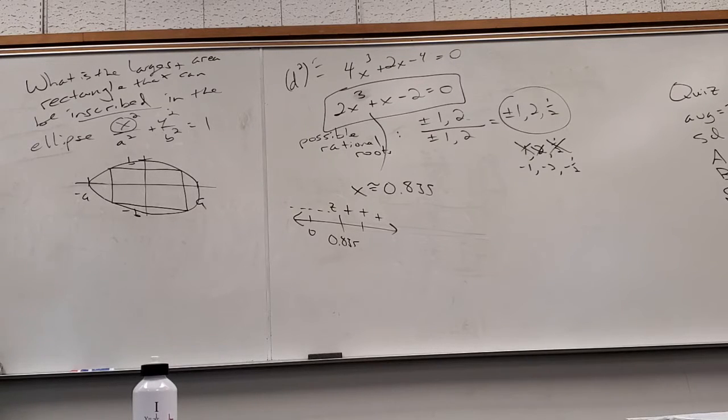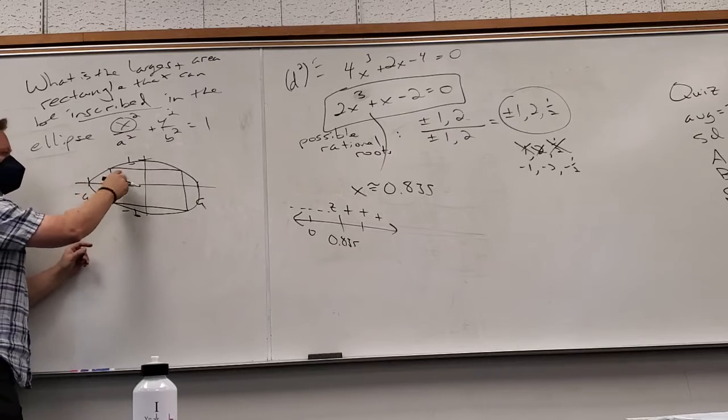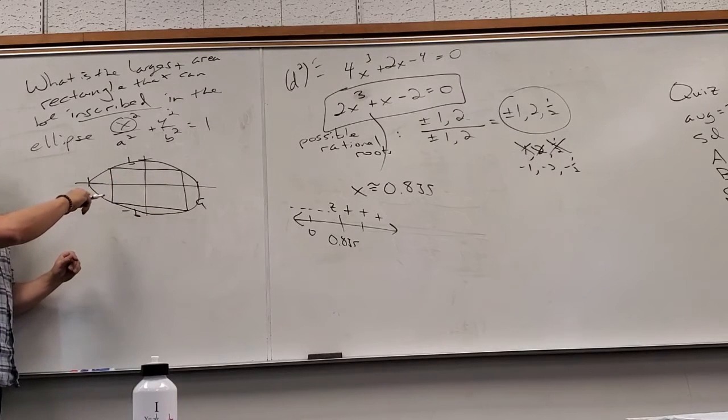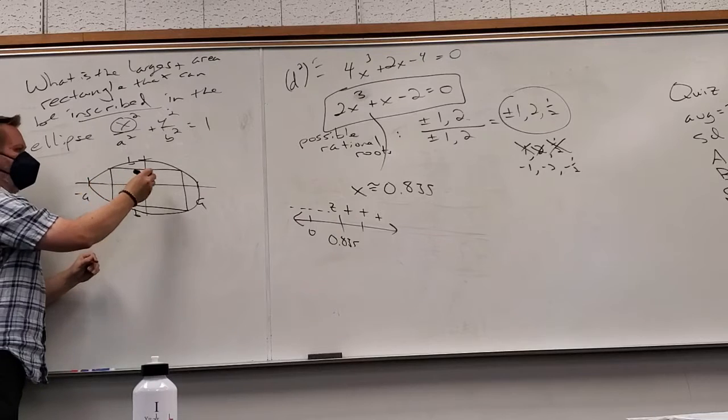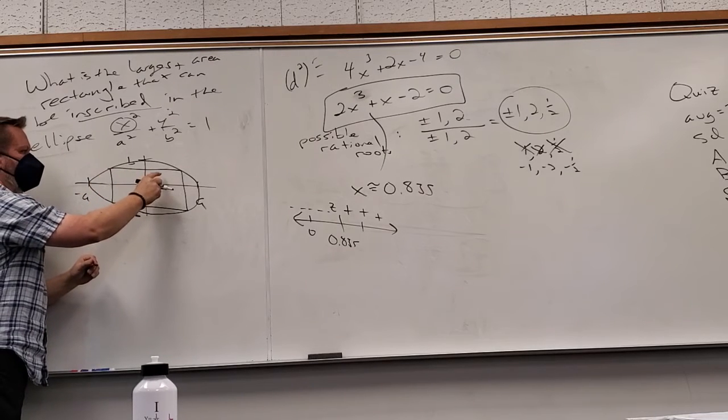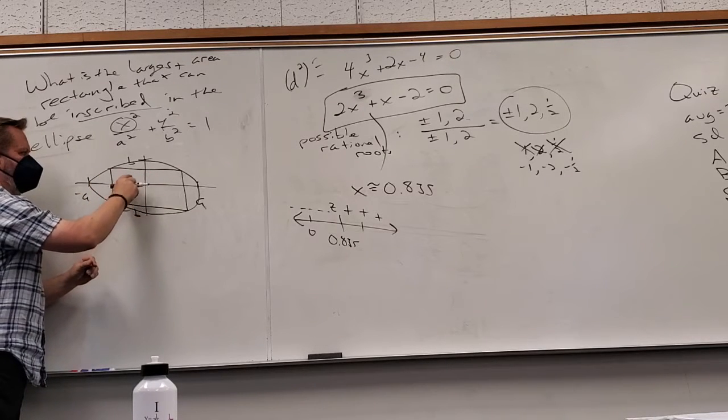Now, here's something interesting that will happen on a lot of these kind of problems, this inscribed kind of problem. I want to make this the biggest area I can, correct? Can anyone tell me what's true about the area of each of these pieces here?